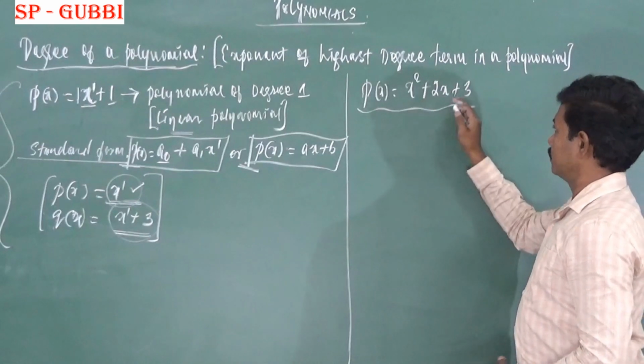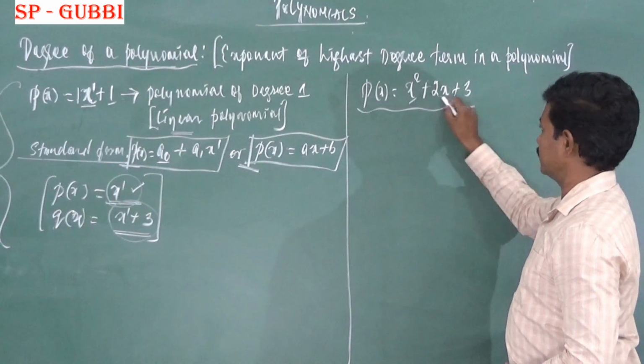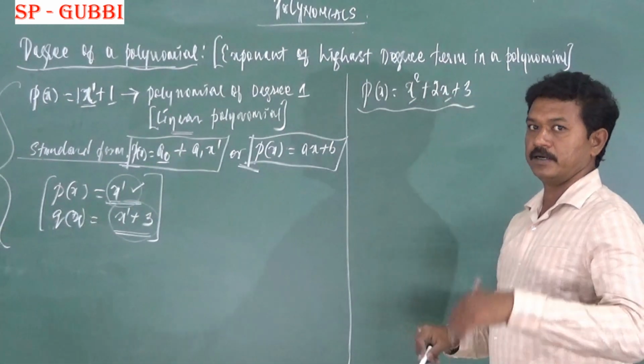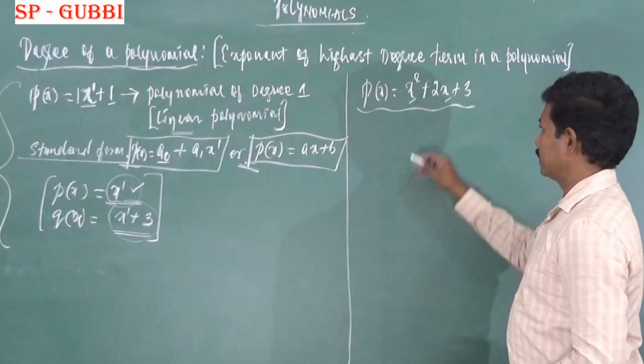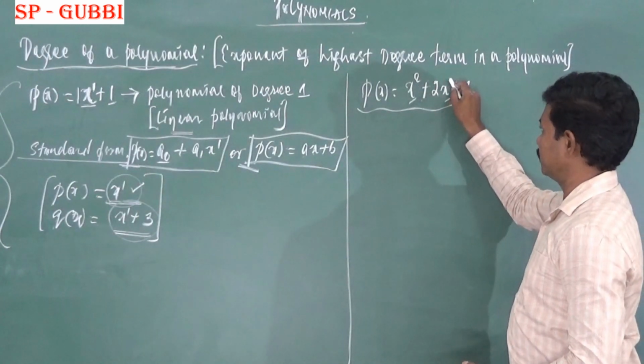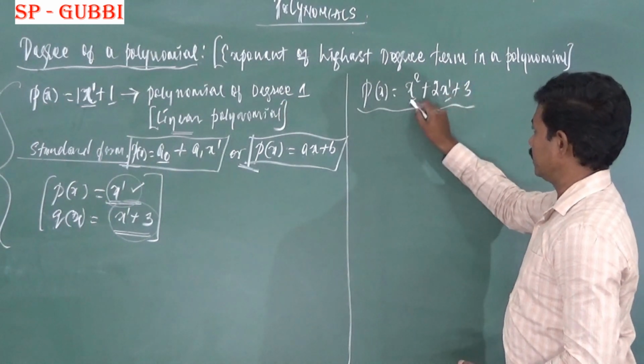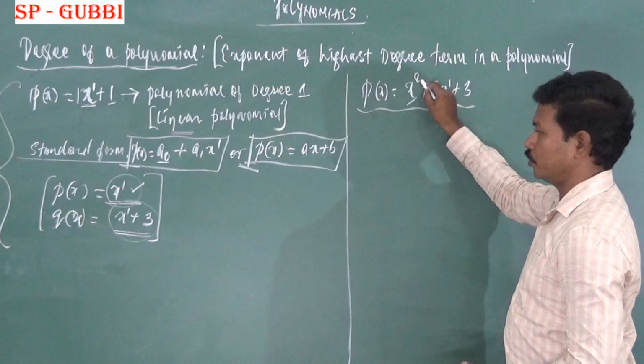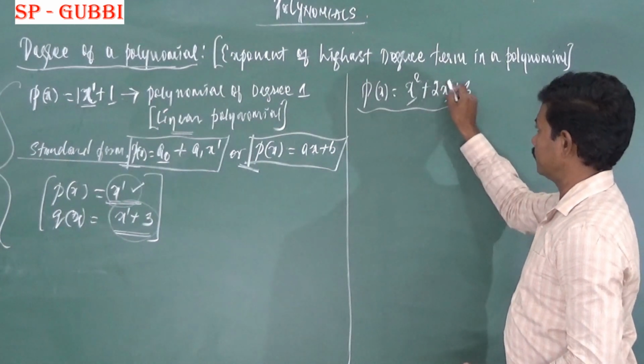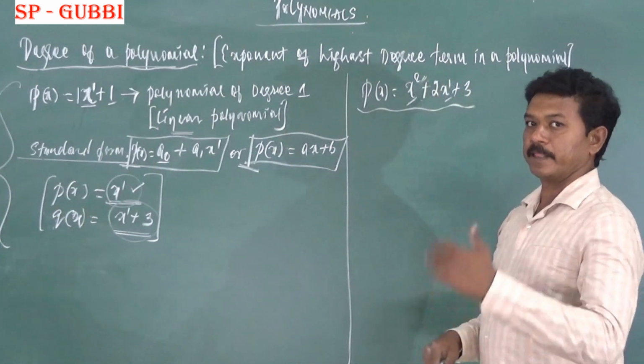Here in this polynomial there is x, so it's a polynomial in one variable, and the highest value of the exponent of the variable present is, here for x we have 1, and here for this variable x we have 2. Out of these two we have to consider the highest value.